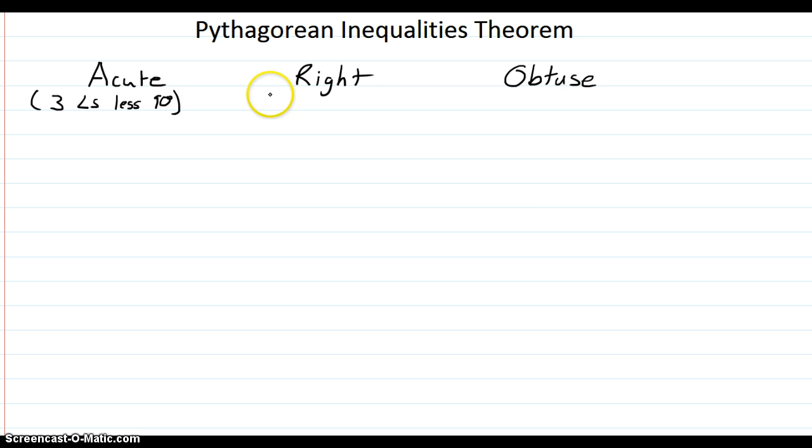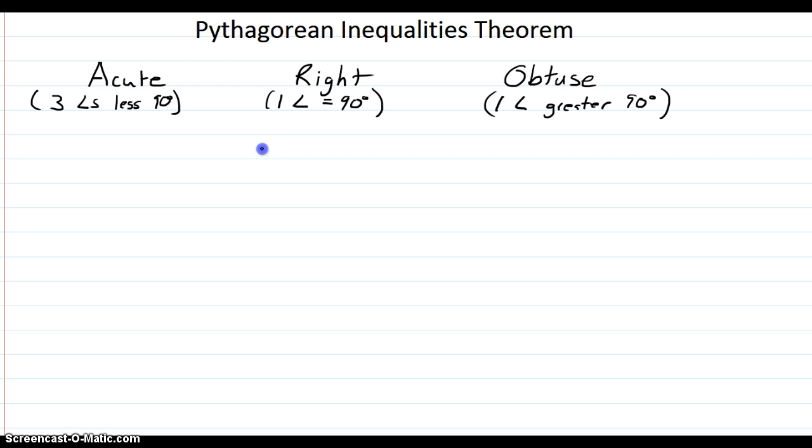A right triangle has one angle that's equal to 90, and an obtuse triangle has one angle that is greater than 90.